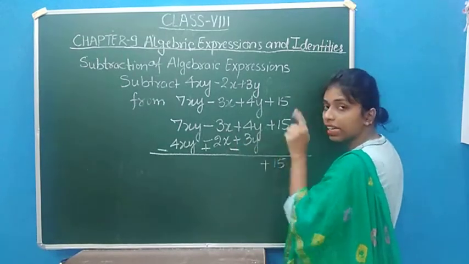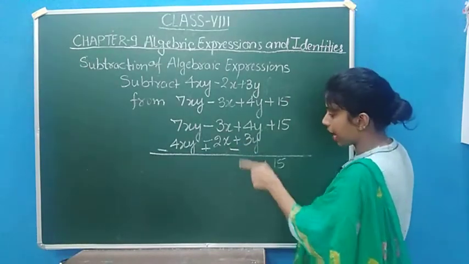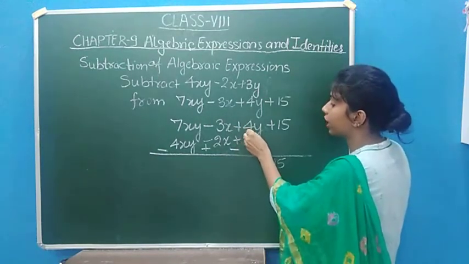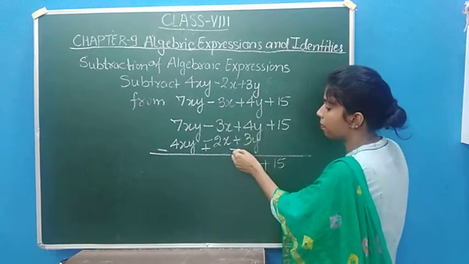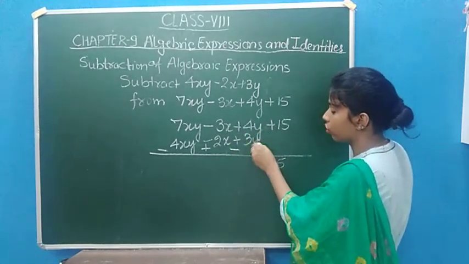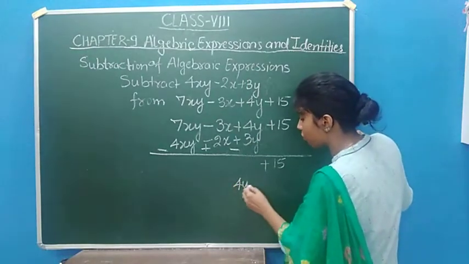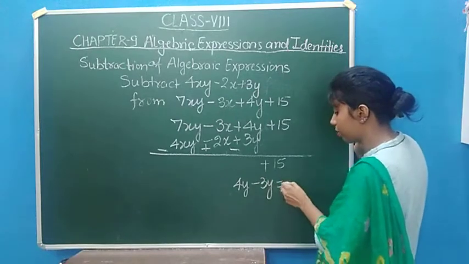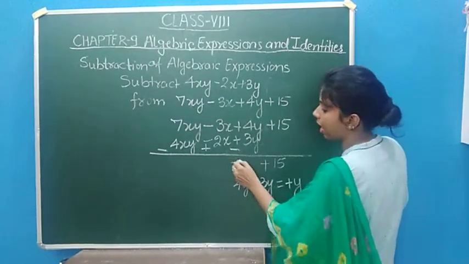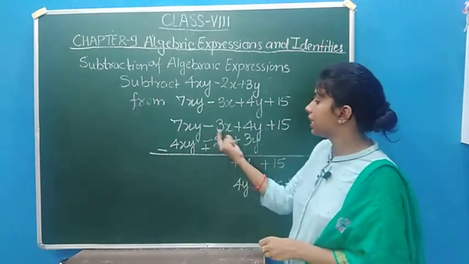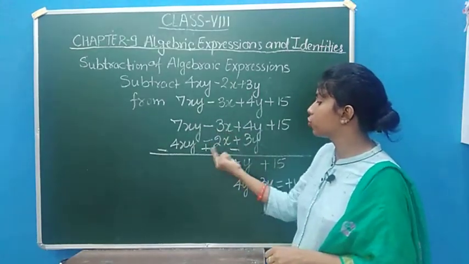In this addition we have to take the new sign, not the previous sign. So plus 4y minus 3y, what do we get? It is plus y. So here I am going to write plus y. Then again minus 3x plus 2x.